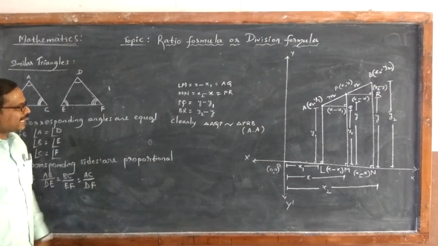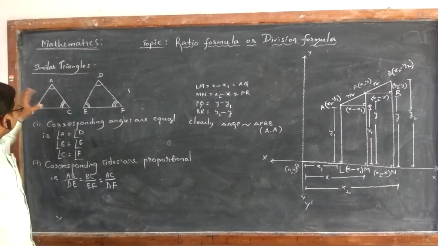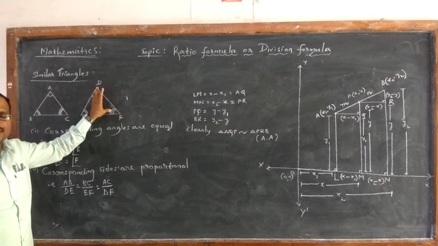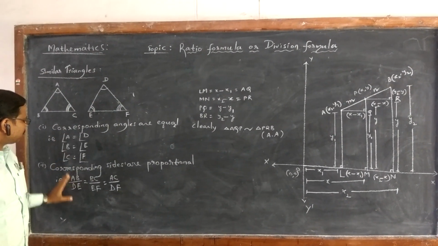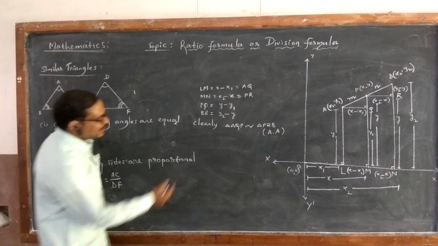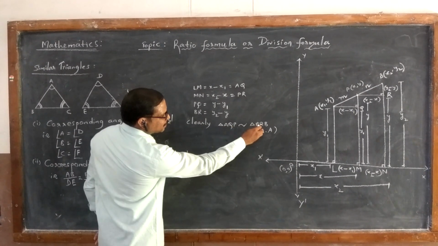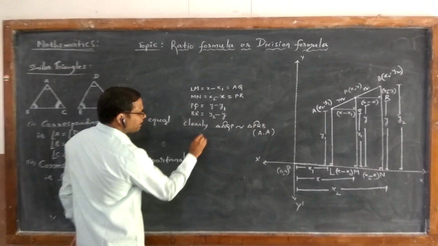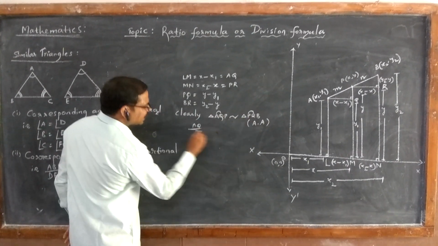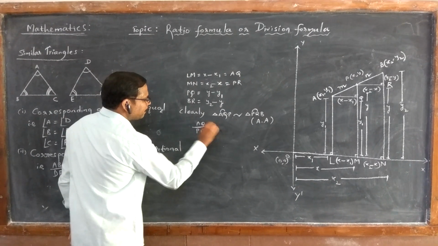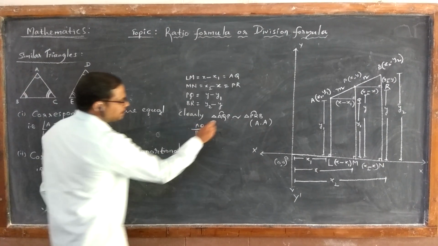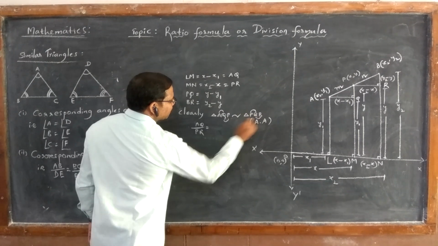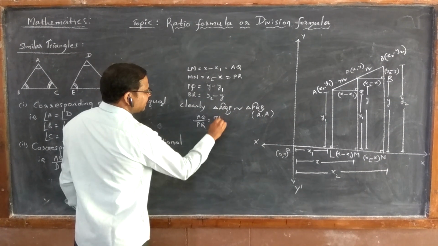Now if they are similar, I told you just before, what about similar triangles? Their corresponding sides are proportional. For AQ, what is the corresponding side? PR. So AQ by PR. Next, QP. For QP, what is the corresponding side?